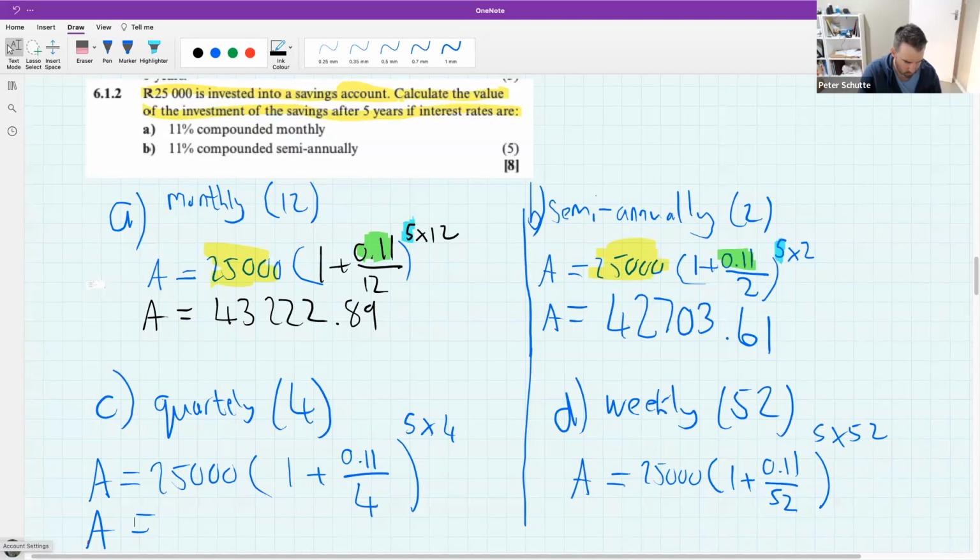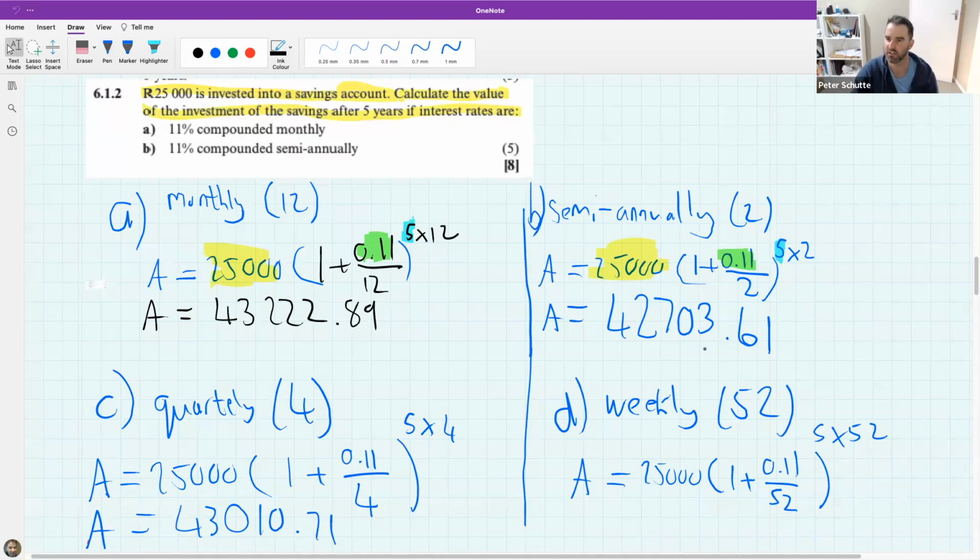to the power of 20, and I get 43010.71, and on this side I get 1 plus square root divided by 52 to the power of quite a lot. 260 is what I would imagine it's going to be.